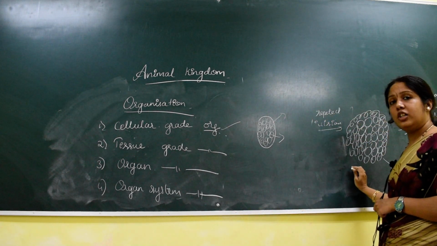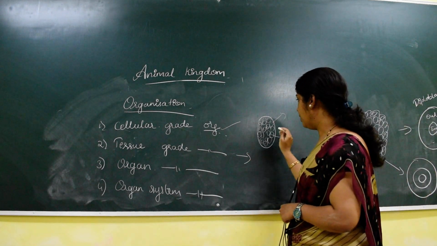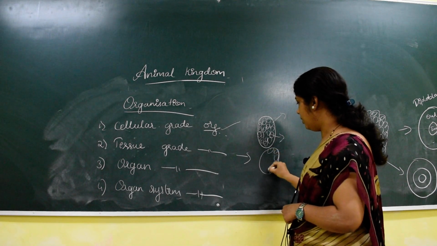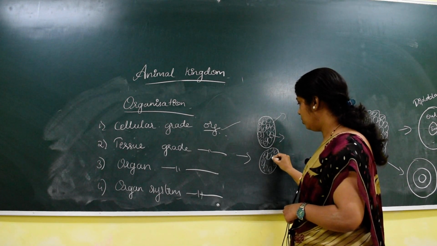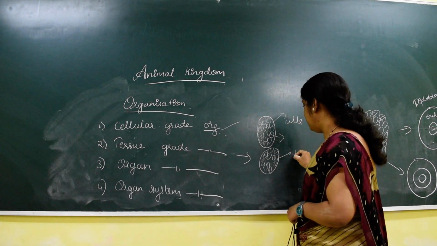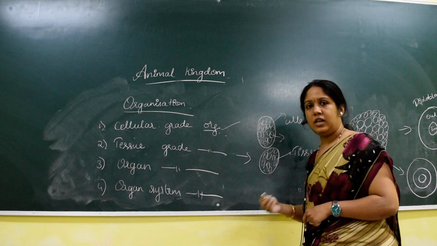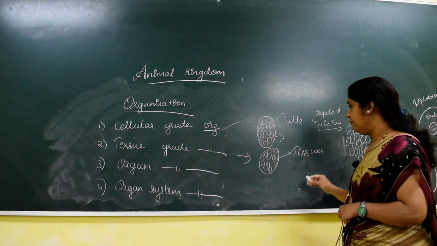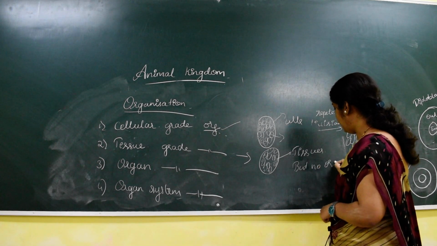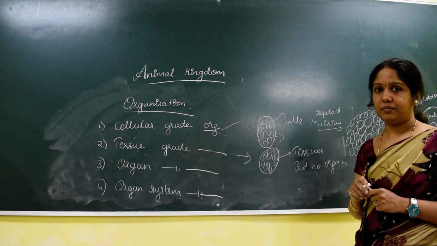Next, what does tissue grade of organization mean? So same, the organism is there. It is made up of different types of tissues. Here it was cells, but here it is made up of various types of tissues, but there is no organ development, there is no organ formation.